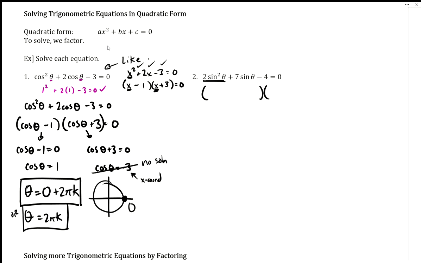So in those binomials, let's give ourselves plenty of space. There we are. I know the first term in each of these has to multiply to be 2 sine squared theta. The only way to make that happen is, well, I know 2 times 1 is the way to get the 2, and then sine of theta times sine of theta is the only way to get sine squared.